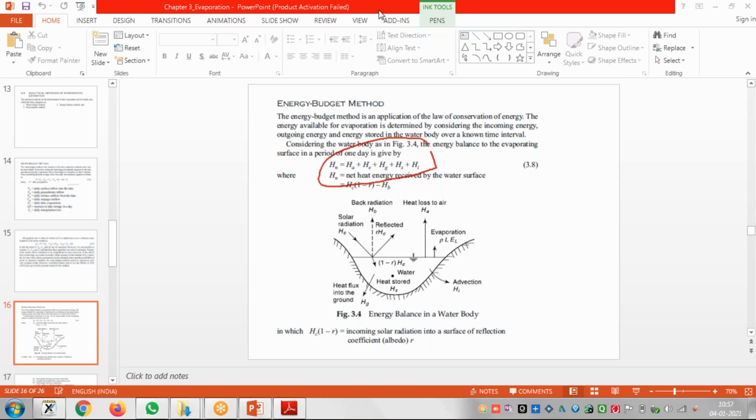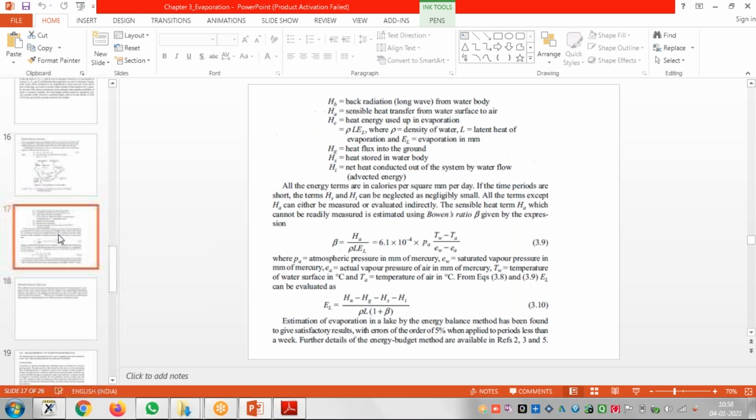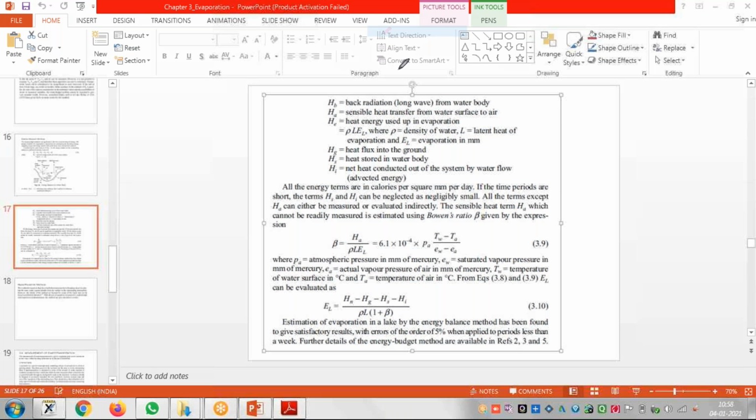Some energies will be given and we have to find the net energy. The next method is: see here, HB, HA, HE, HG, HS, HI, everything is given.